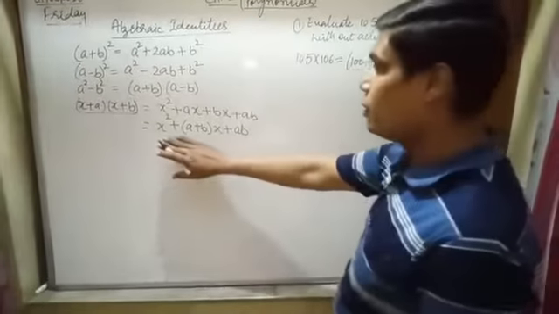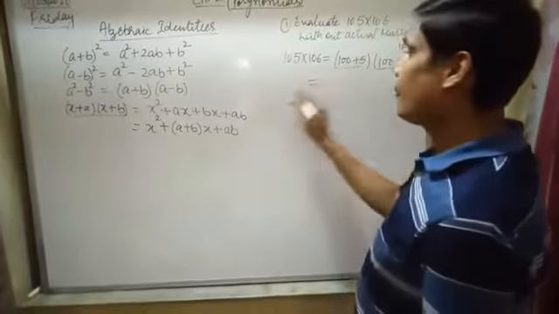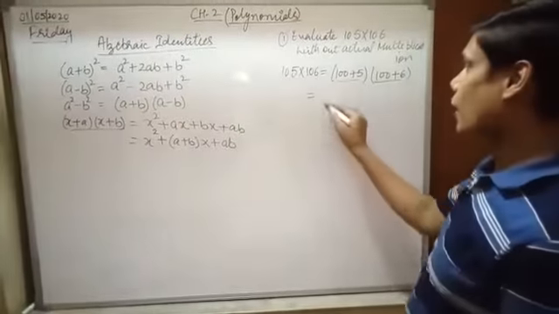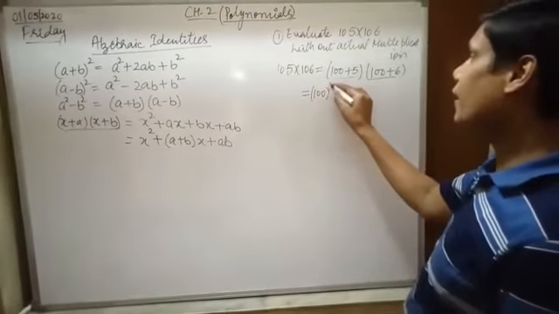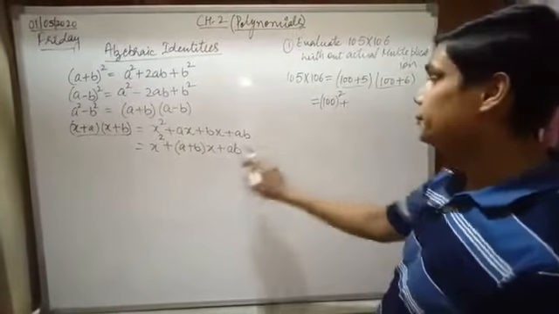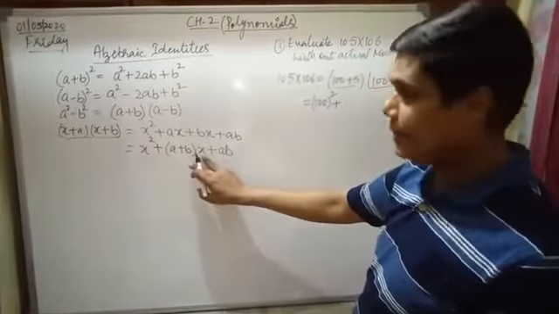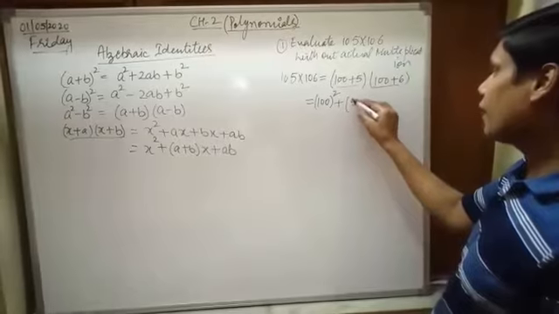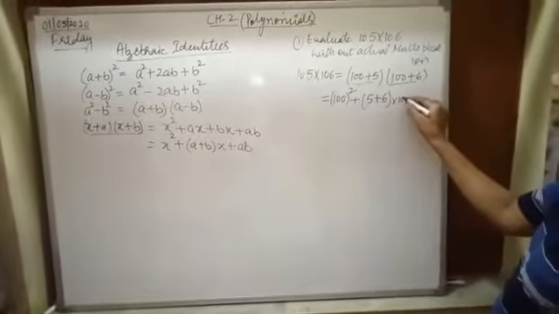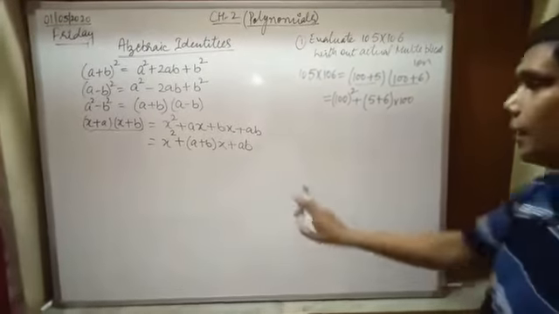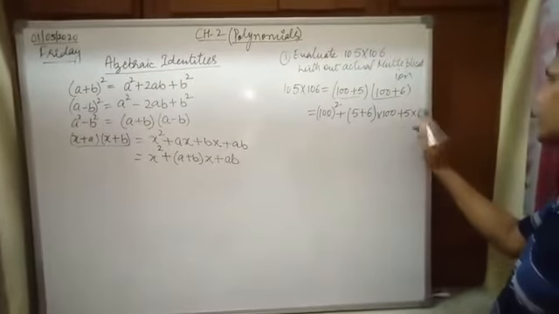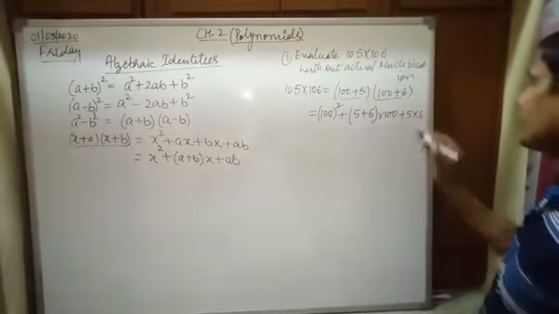Now use this formula. Firstly, we have x square, so we write 100 square, plus (a plus b) into x. a means 5, b means 6, and x means 100, plus ab, that is 5 into 6.